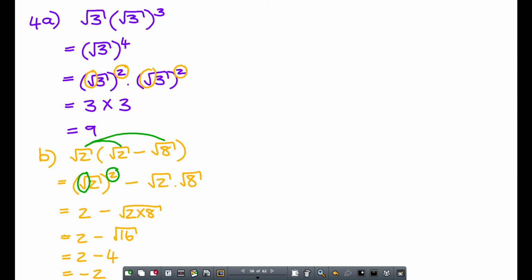Now, when we work with surds, I'm going to build up to this answer. When I have something like this, I am allowed to break up that 18 and say that is the same as 9 times 2.